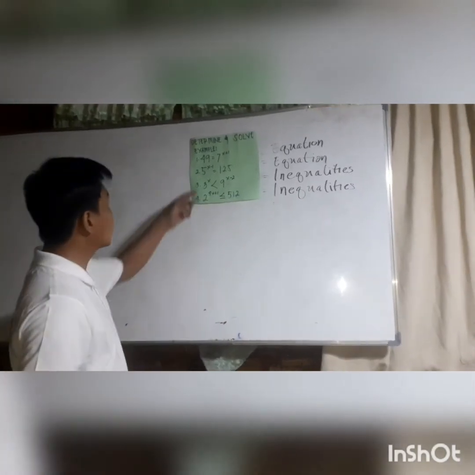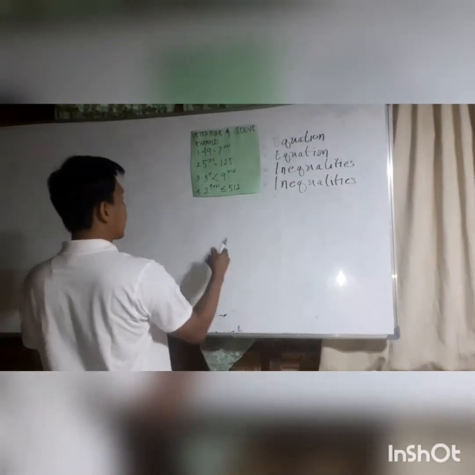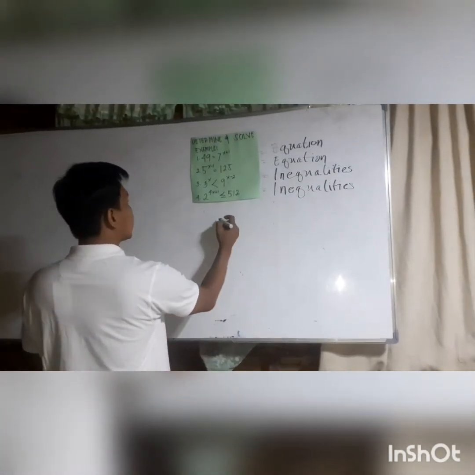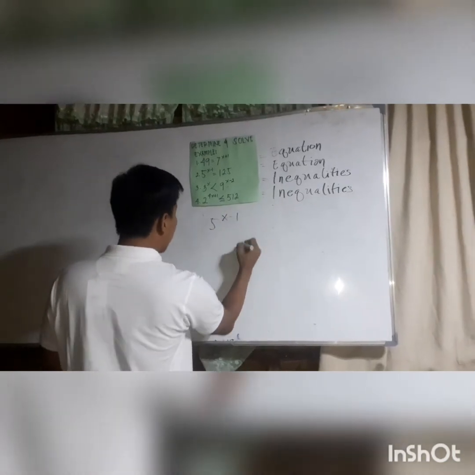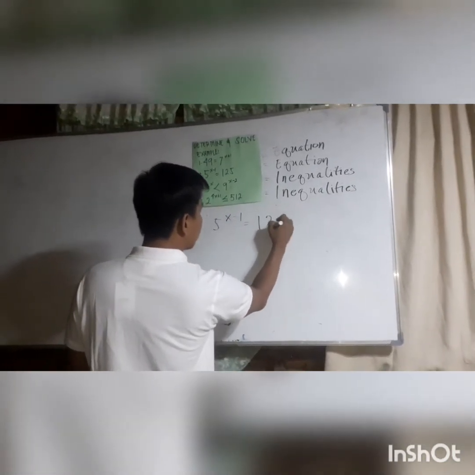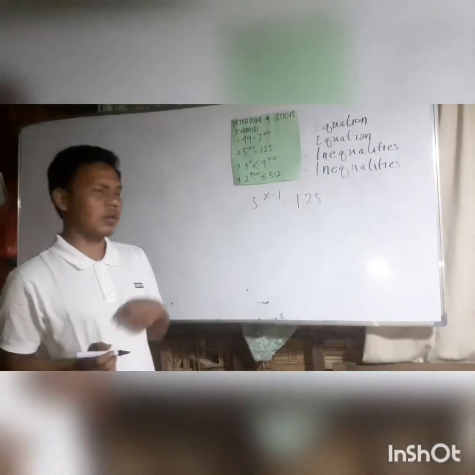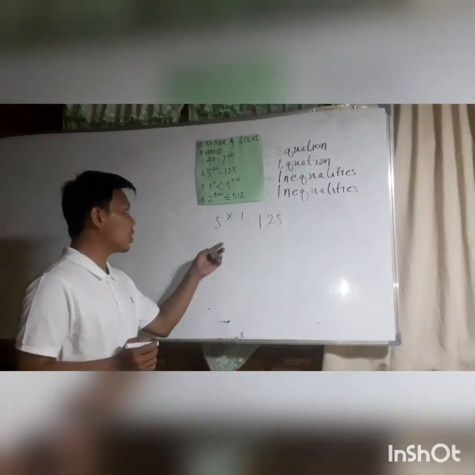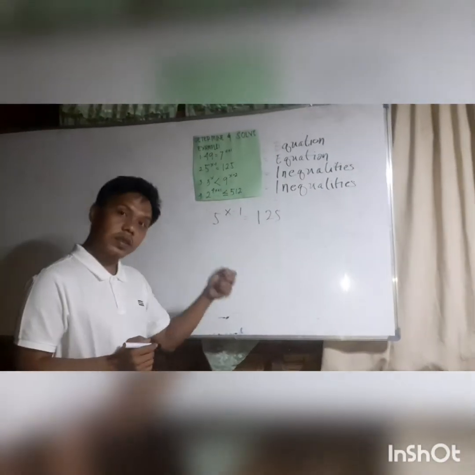So let's proceed to the number 2. Second example. It is 5^(x-1) equal to 125. Before we go solve this, we should make this base equal.